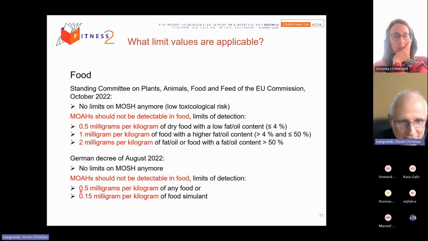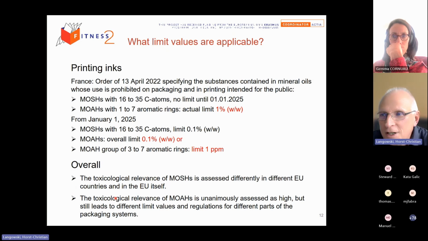Here we have the same amount of 0.5 milligrams per kilogram, but valid for any food. And if you measure not with food, but with a so-called simulant, which may be, for instance, water-ethanol solutions, the limit of detection is lowered to 0.15 milligram. So it's already something very tricky when talking about the analysis of this.